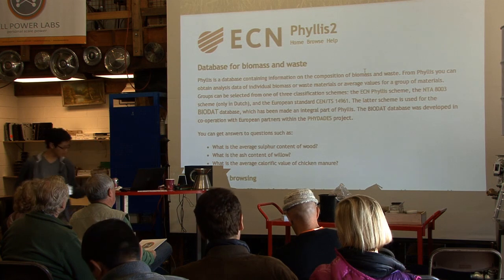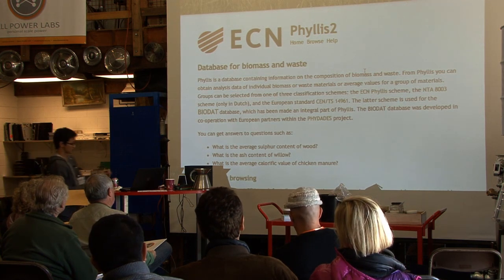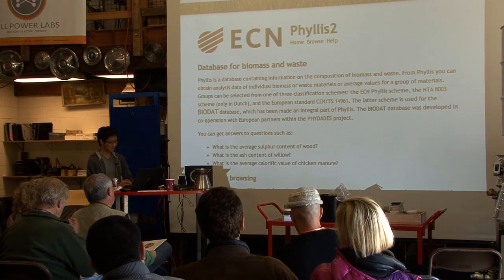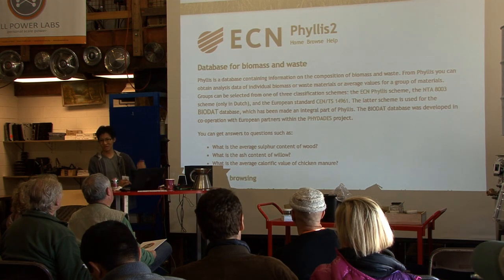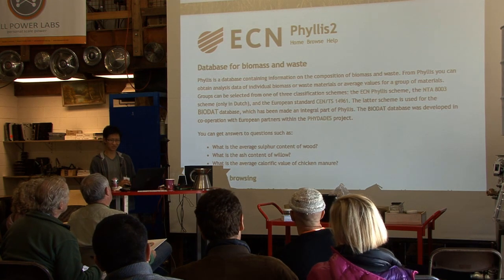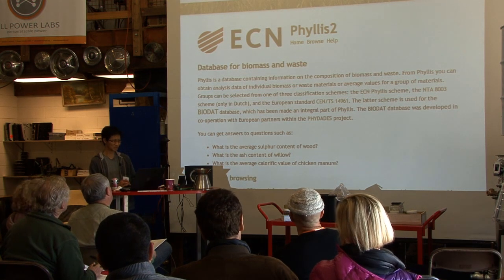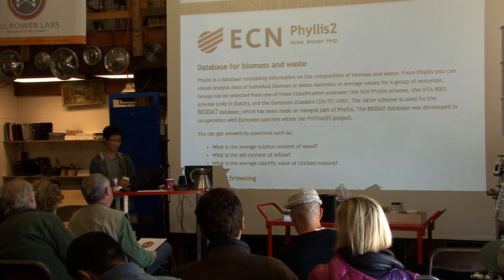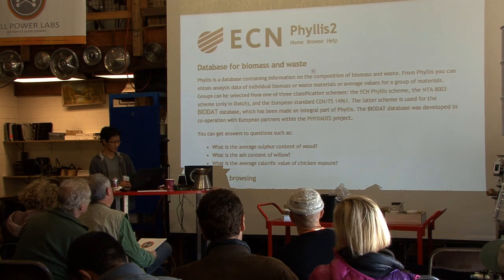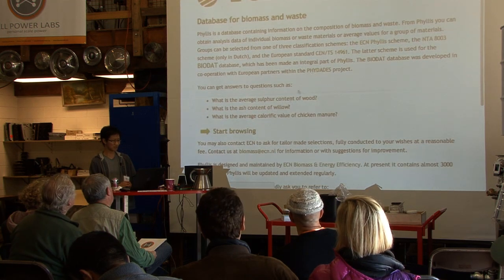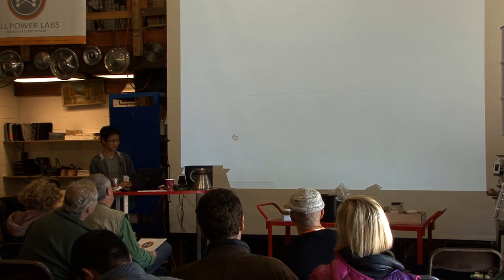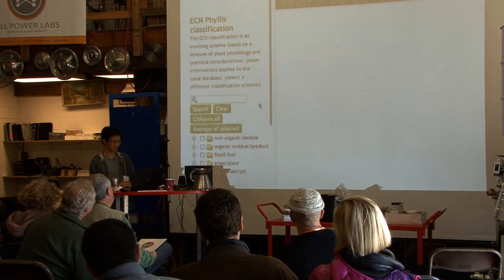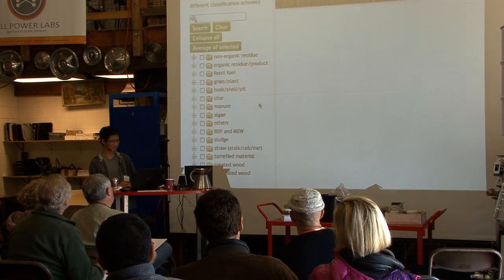So let me pull up the URL for you real quick. Everyone, if you're taking notes, take down this URL. This is very useful. It's www.ecn.nl/Phyllis2, and what you do is you come down to here, go into their database, and do you see on the sidebar here?